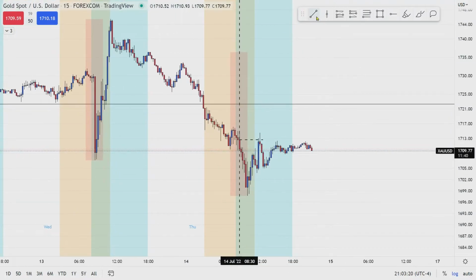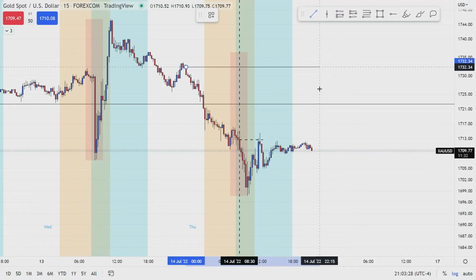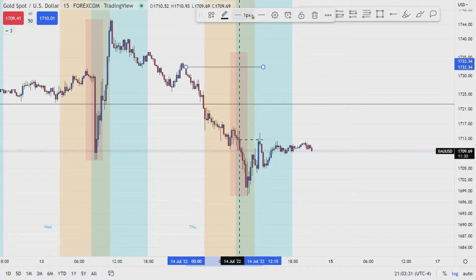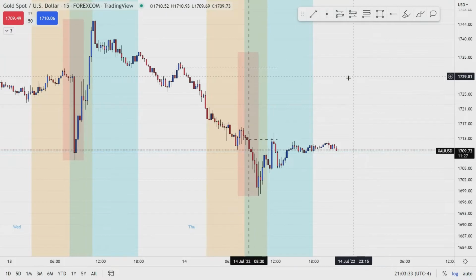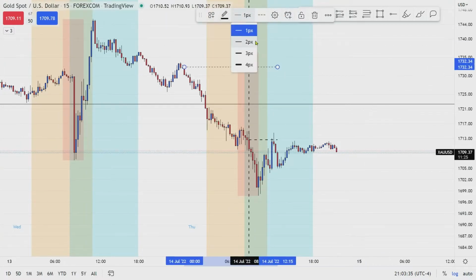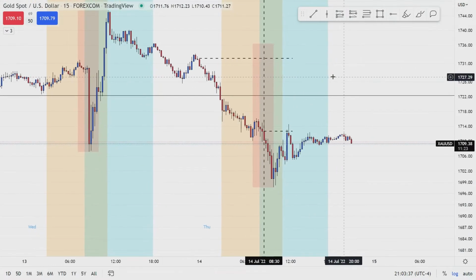We're also going to mark the opening price at 12. So it's going to be right here. And we can see that price opened below opening. It opened and it went below opening price for the rest of the day.